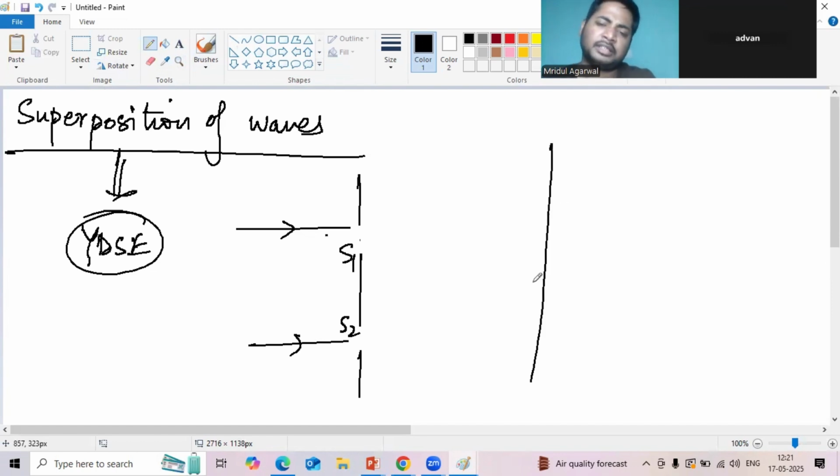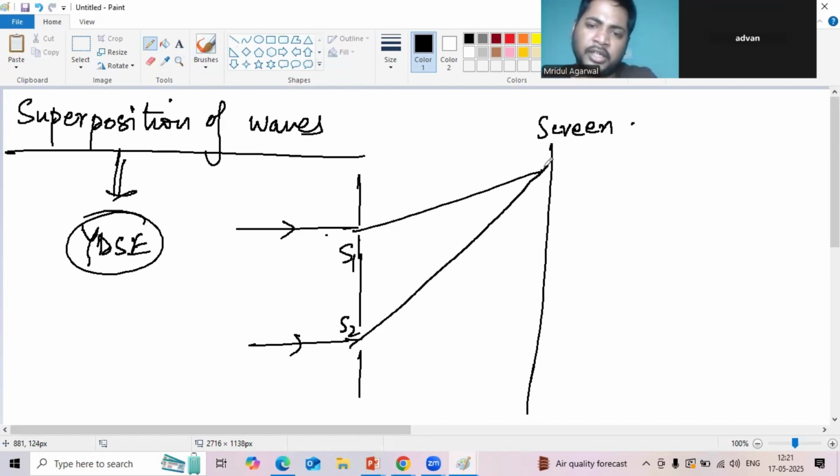This is the surface, your screen. There will be interference at this point, and alternate bright and dark fringes will be formed on the screen.